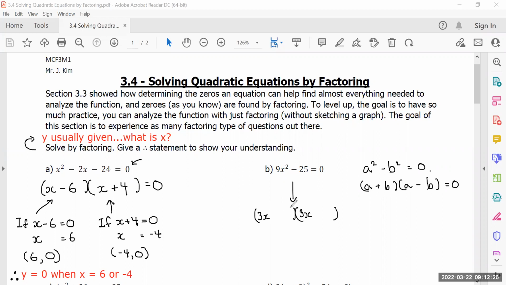What times what is a 25? 5, of course. You have a plus and a minus in between. So this was a difference of squares. This is what we call a special case. I think this section is chapter 2.6 from our textbook, if you want to take a look at that to review. You never know if you ever come across this in the future.